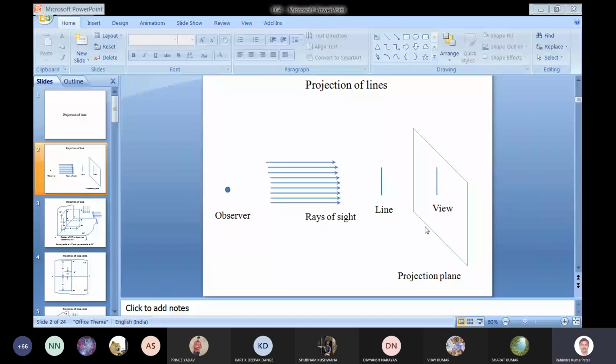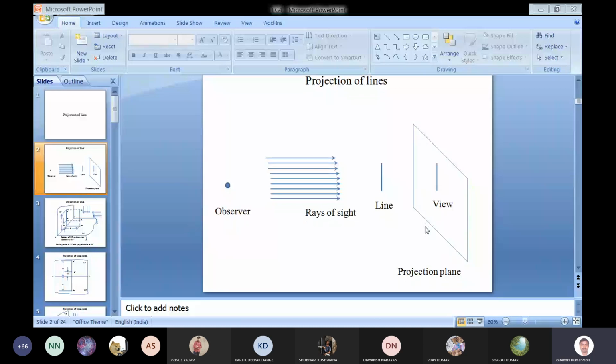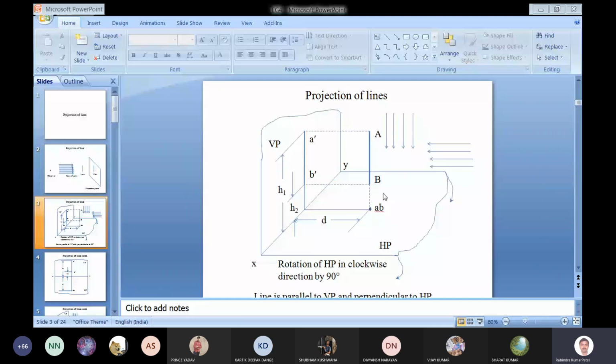So here you can see there is a line which is perpendicular to the horizontal plane. The line is capital A, capital B. This is perpendicular to the horizontal plane, and it is d distance away from the vertical plane, and at the same time B is above the horizontal plane by a height h2.